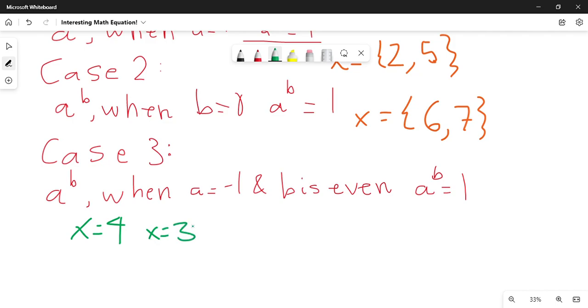But here we're not done, because when a is equal to -1, now we need to show that b is even.